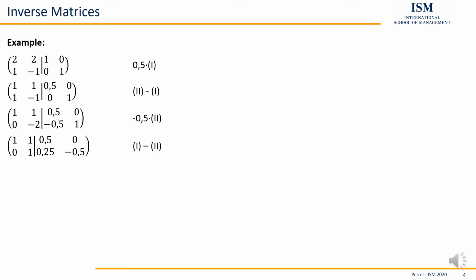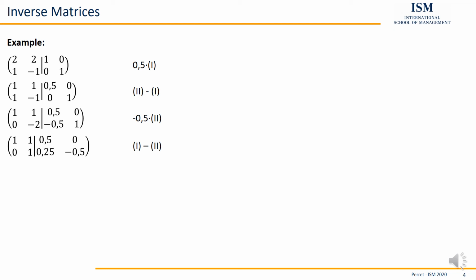We see we are almost finished. The only thing which actually keeps the left-hand matrix from being the identity matrix is the 1 in the upper right. And we can get rid of this one by subtracting the second row from the first.